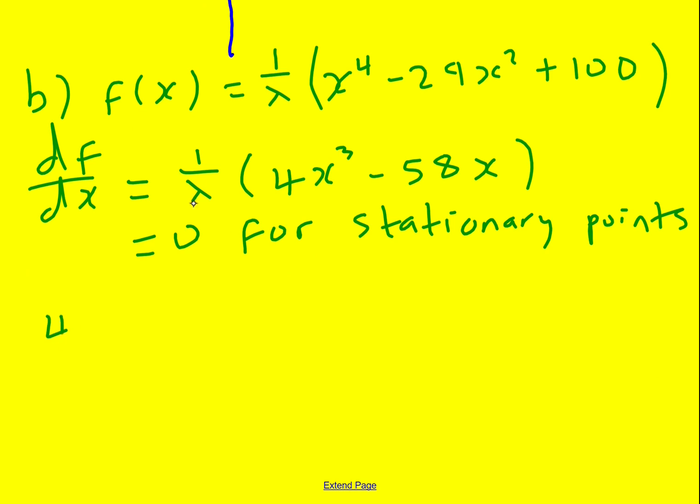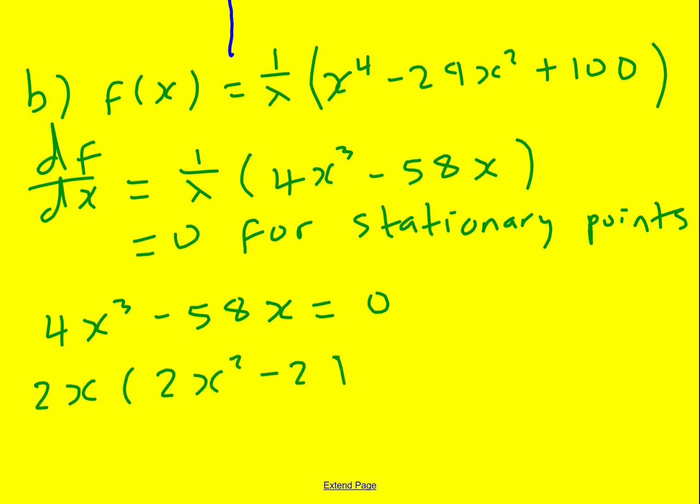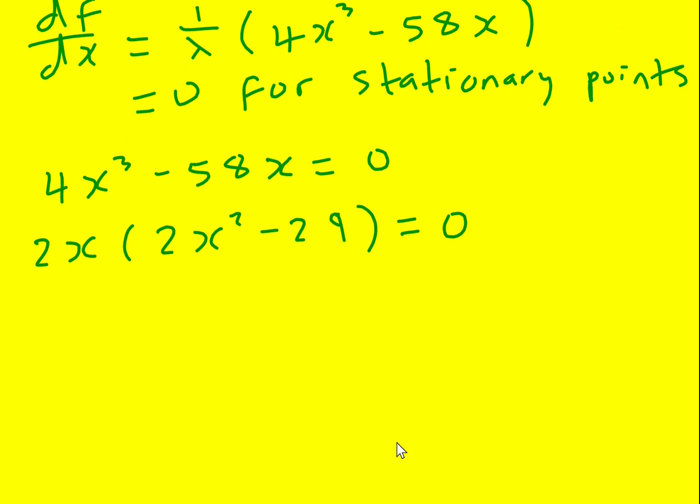So this is just a constant, so it must be that 4x cubed minus 58x equals 0. And I can factorize as much as possible out. So 2x, because 4 doesn't go into this. Technically, this is sort of like a difference of 2 squares.